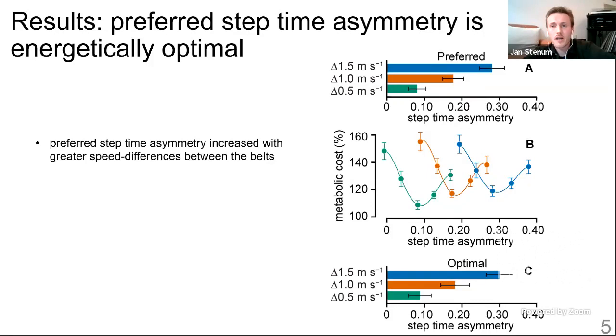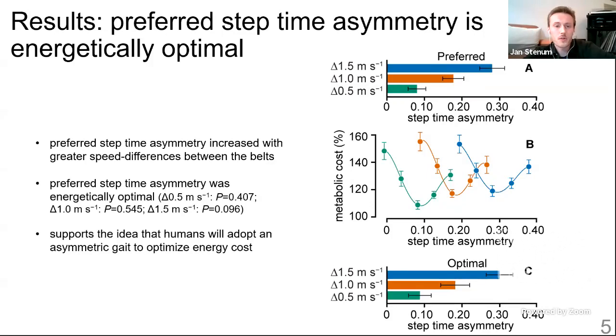And when we compare the optimal with the preferred step time asymmetries, we found that the preferred step time asymmetries were energetically optimal across all the speed difference conditions. So that supports the idea that humans will adopt an asymmetric gait to optimize energy cost.